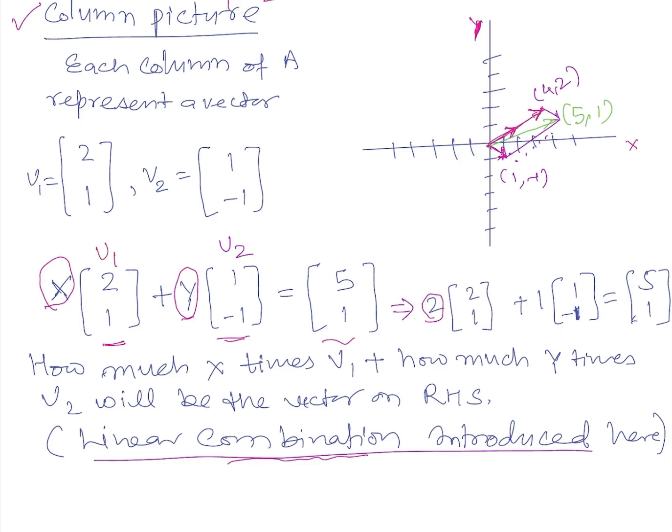So 1 times that (1, -1) vector. If you translate this vector using the parallelogram law, then this is the addition vector, right? And this is nothing but (5, 1), right?